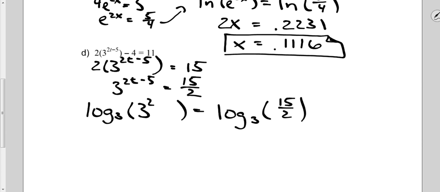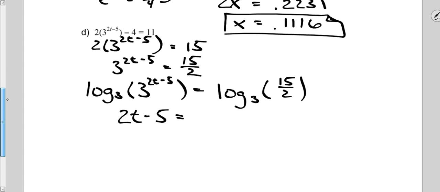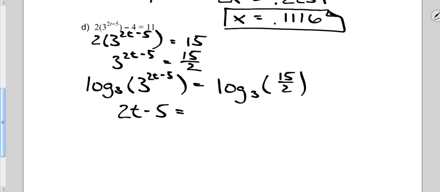Log base 3 of 3 to the 2t minus 5 power. Now I can evaluate this side, right? What does my left side get me? 2t minus 5. Just for giggles, let's use the quotient property on this log.